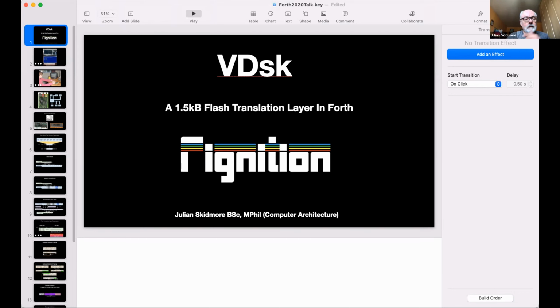So let's look at the flash memory. SPI flash memory is random access. All we need to do is send a read or write or erase command followed by a 24-bit address, and then we can start writing or reading at that location. Although you can read from anywhere, you have to write from the beginning of a 256-byte page, and you can only erase from the beginning of a 4 kilobyte sector.